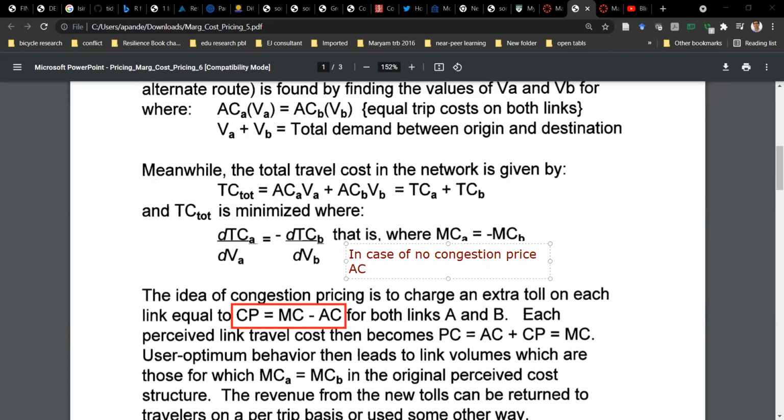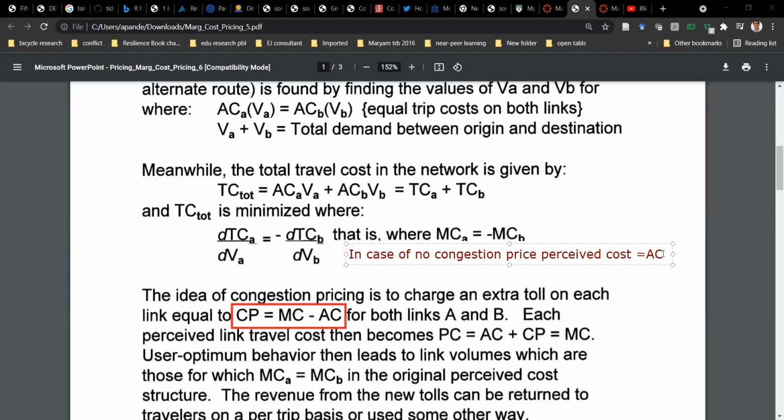It will be average cost, right? In case of no congestion price, your perceived cost is AC. For any route, perceived cost on route A will be ACA, perceived cost on route B will be ACB. Okay, and then the drivers are basically trying to minimize their perceived cost. So that's why they want perceived cost on both routes to be equal.